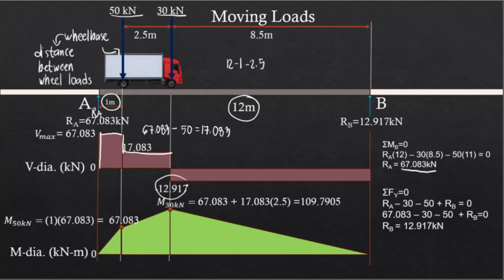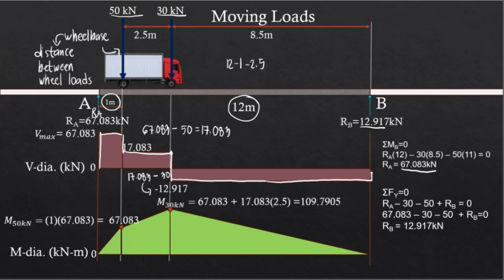And so to get this value, we have the left shear value, which is 17.083, simply this one, and then minus 30 kN. So minus 30, we get this value, and then we'll move down, and then it's below the 0 line because this gives us negative. And then from here up to here, there's no loading, so we just draw a straight line. And then finally at this point, we have 12.917 going upward.